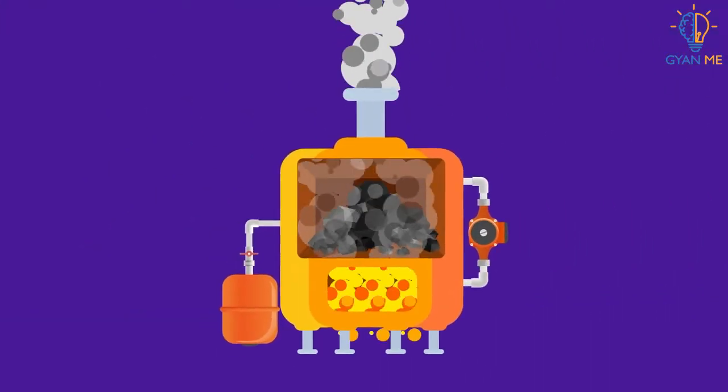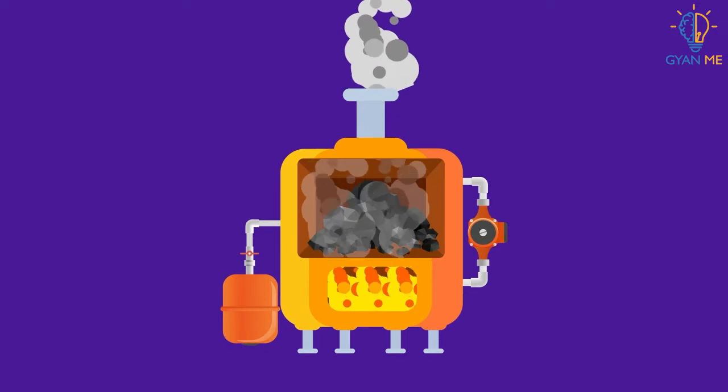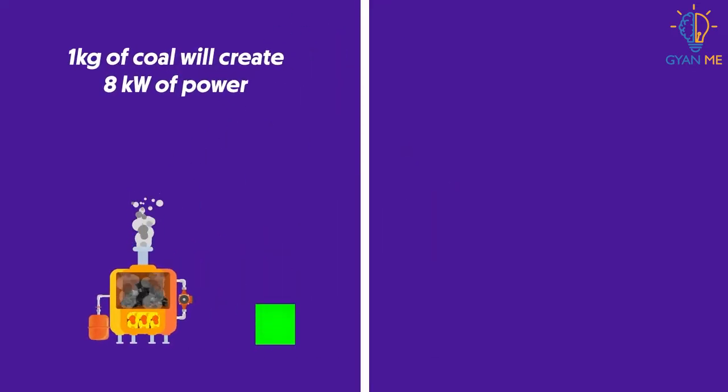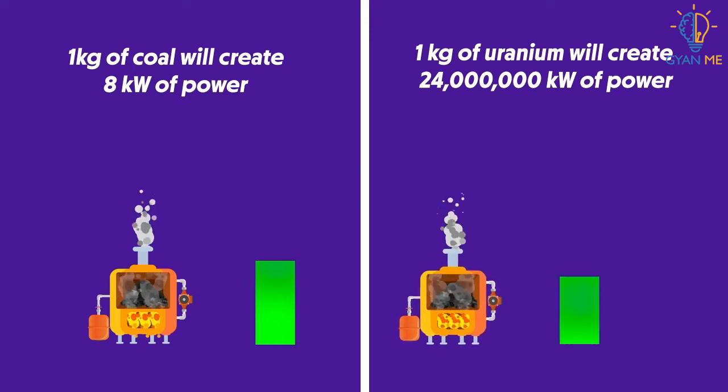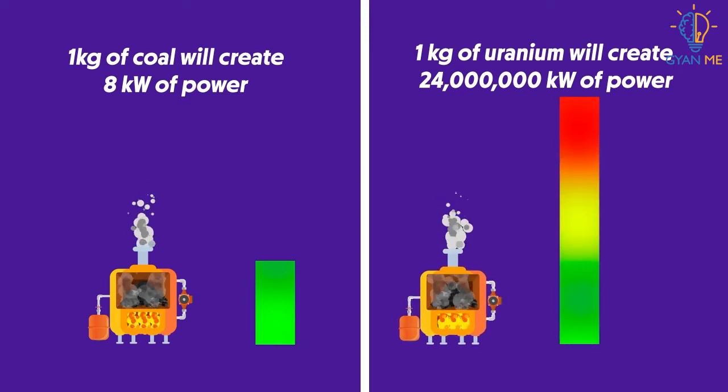Do you know, students, burning 1 kg of coal will produce 8 kilowatt of power, while 1 kg of uranium will produce 24 lakh kilowatt of power. So can you observe how potential nuclear energy produced by fission reaction is?